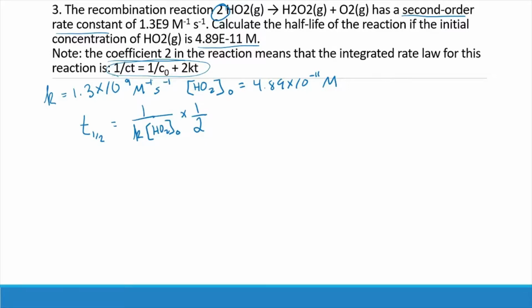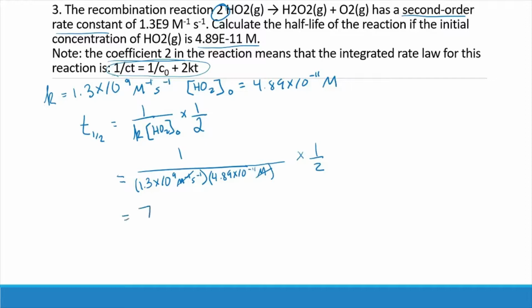So now let's go ahead and start plugging in our numbers. We have 1/k, 1.3 times 10 to the 9th inverse molar inverse second times 4.89 times 10 to the negative 11th molar. And then all this times 1/2. You can see molars cancel out.